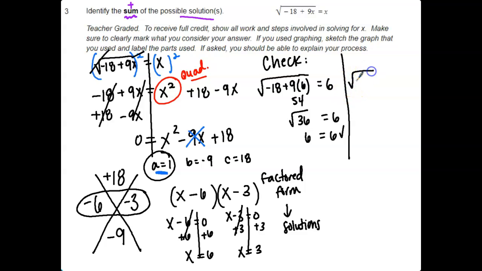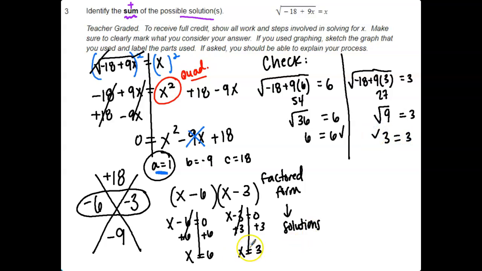All right, let's check 3. So the square root of -18 plus 9 times 3, and that should be equal to 3. All right, 9 times 3 is 27, and we're going to do 27 minus 18. So we get 9. So the square root of 9 is equal to 3. And yeah, 3 is equal to 3.